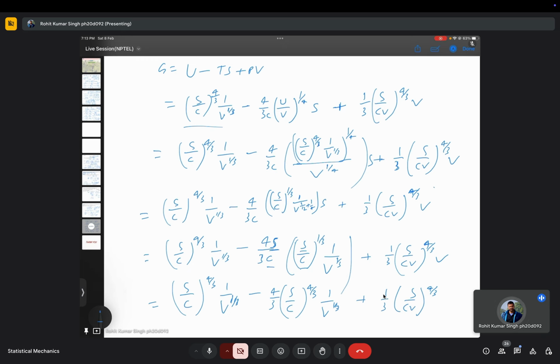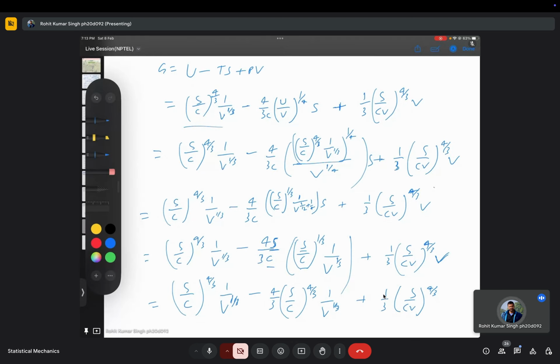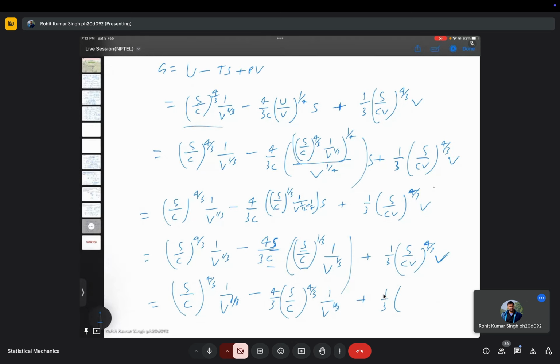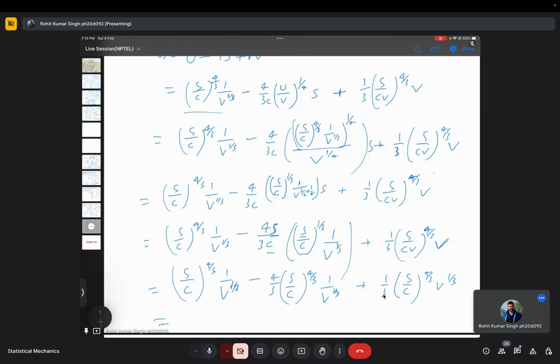And this v and this v, if you combine, (s/c)^(4/3), this is just 1 over 3, right? And 1 minus 4 by 3 is minus 1 by 3, and then you have plus 1 by 3 of the same thing. So this cancels this and you get 0.